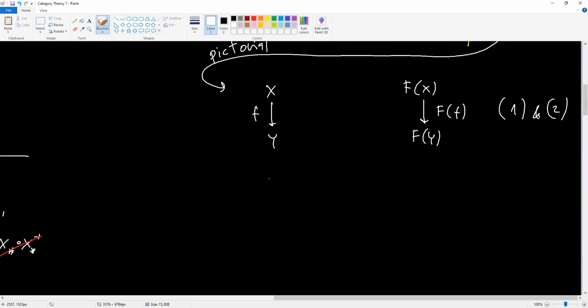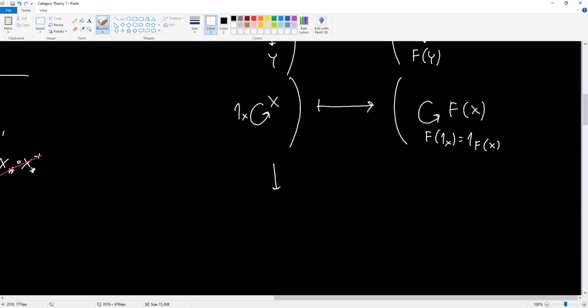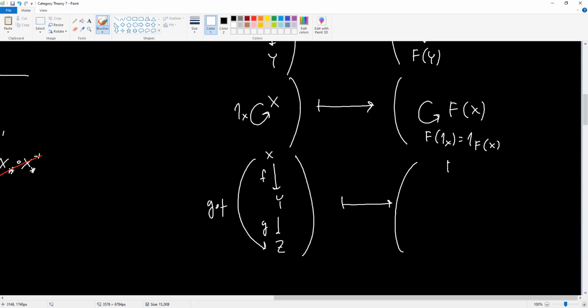Then what I'm saying is that the identity of x will map to, so this is the mapping of the functor, my categories are C and X here, identity of x will map to identity of F x. And finally, compatibility with composition. So if I compose them and then map, the result is the same as first mapping them and then composing.